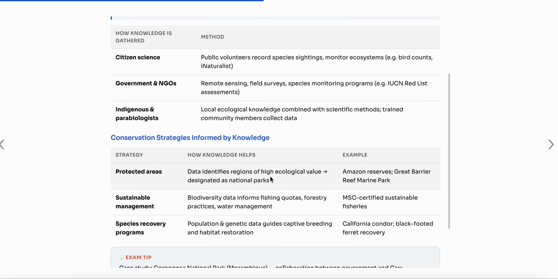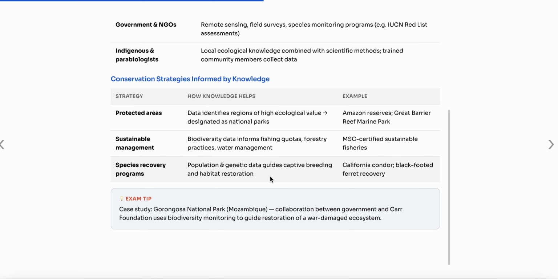What are the conservation strategies informed by knowledge? We can have protected areas, where we identify regions which have high ecological value, like the Amazon reserves or the Great Barrier Reef Marine Park, and through that strategy we try to conserve the species.